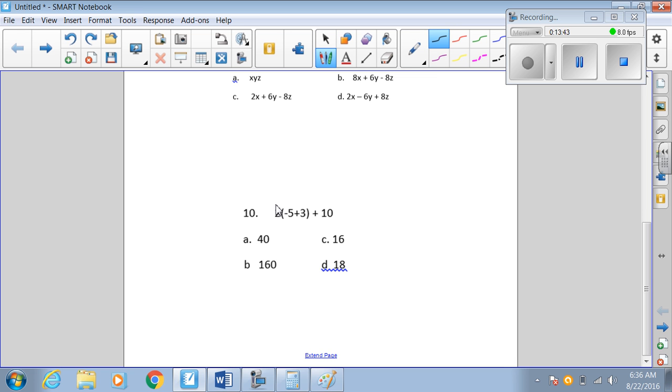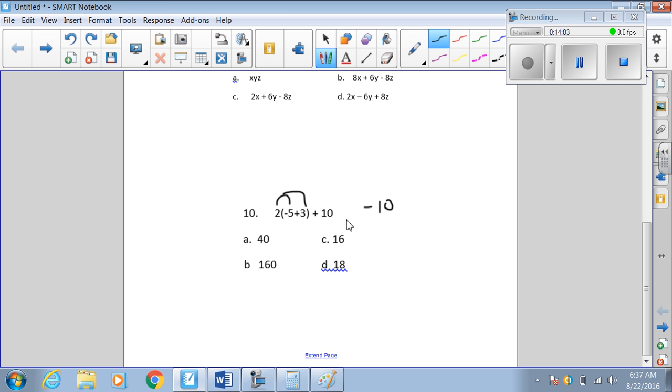First, we have to remember to distribute. So we have 2 times negative 5, and then we have 2 times plus 3. So 2 times negative 5, well, that's a positive times a negative, so that's going to give us a negative 10. And remember, we have to do parentheses first.